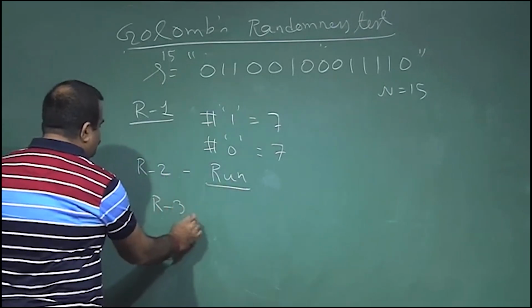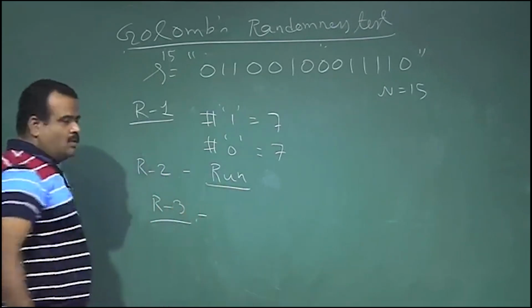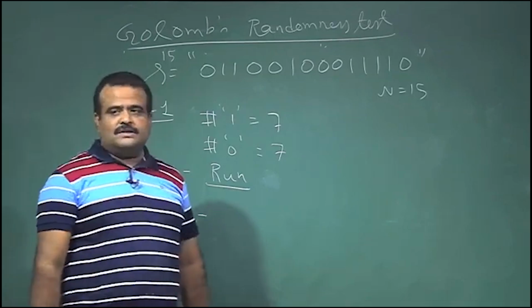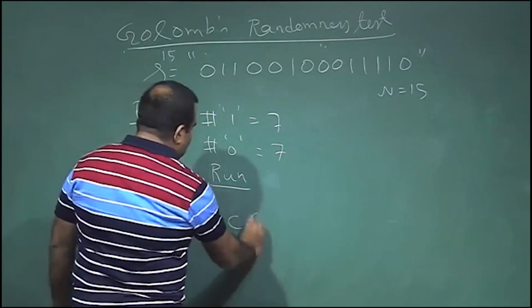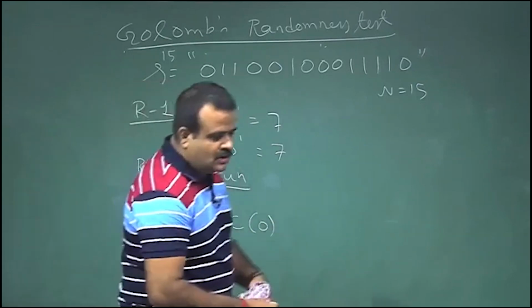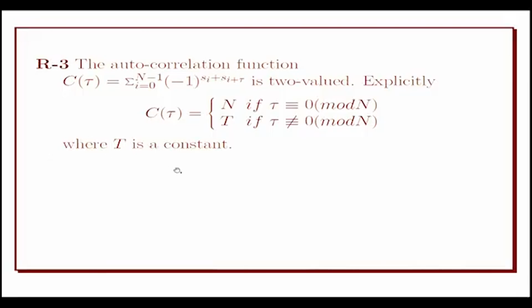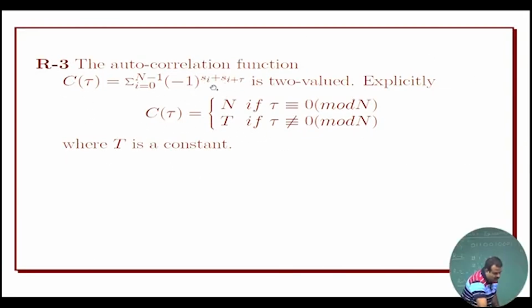Now, we consider rule number 3, which is basically the autocorrelation function. We define the correlation function C(tau) with this formula: C(tau) is equal to the sum of S_i times S_(i+tau). If tau is 0, then this is basically S_i twice; if tau is 1, then S_(i+1) like this.